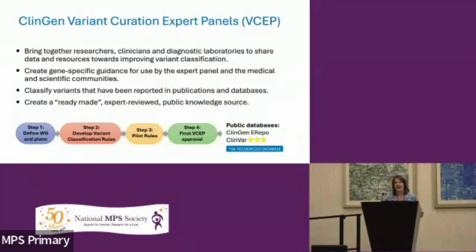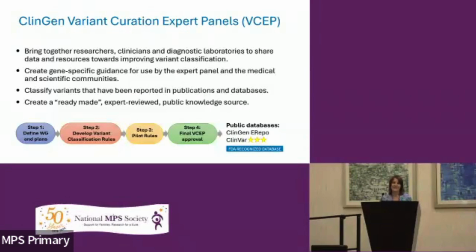So how does ClinGen help with this variant classification process? Well, as you can imagine, there are thousands and thousands of different genes involved in thousands of different genetic disorders. And so when we're trying to classify a genetic variant to figure out whether it's causing a condition or not, what we really need to have is some expertise and knowledge and understanding of those different disorders and genes.